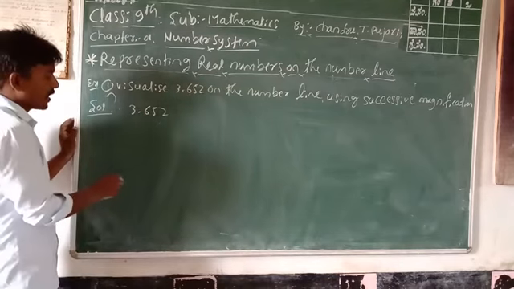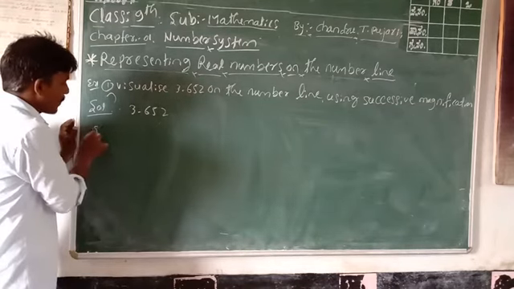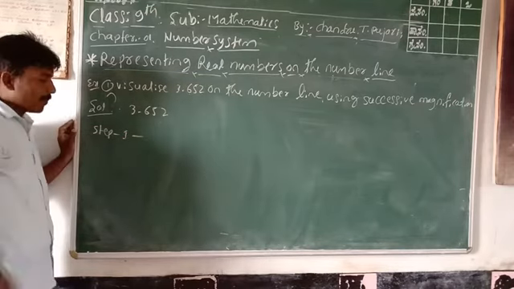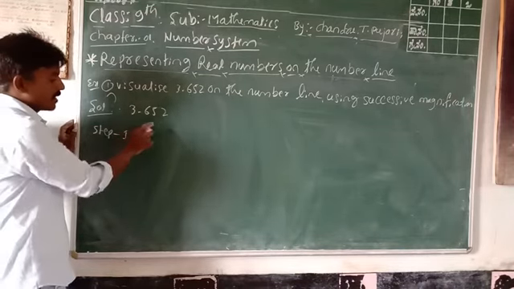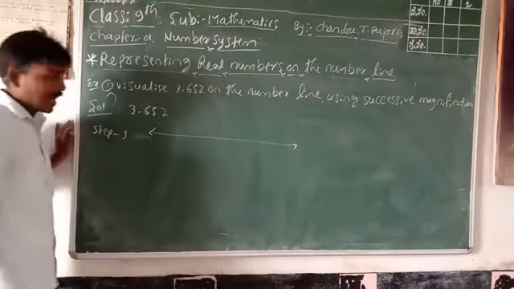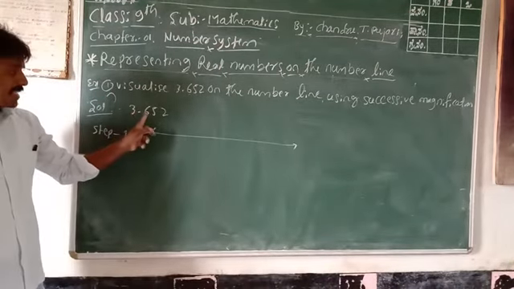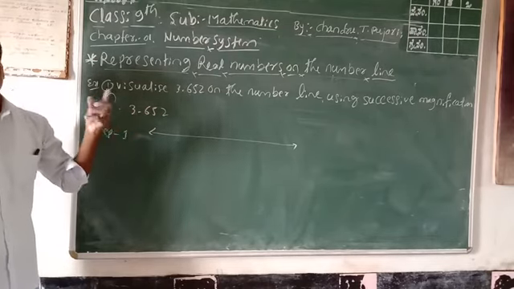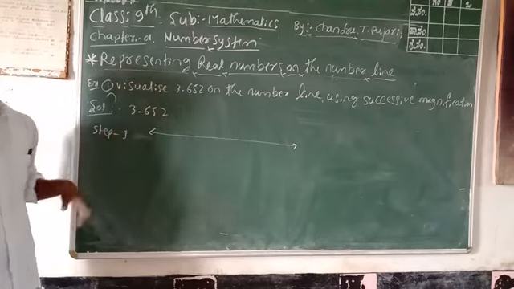Step 1: first draw one number line. This is one number line. The number 3.652 is in between 3 and 4.